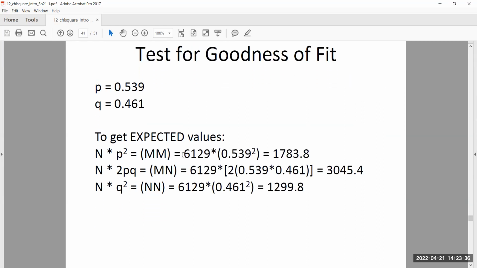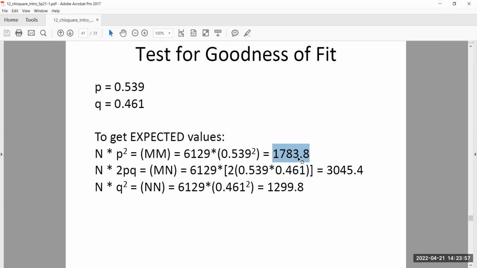All right, so here we've done the math. We've got 6129 times 0.539 squared. That gives us 1783.8. Now we don't usually have decimals for counts for our observed. In fact, we shouldn't. But we can have decimals for our expected values.